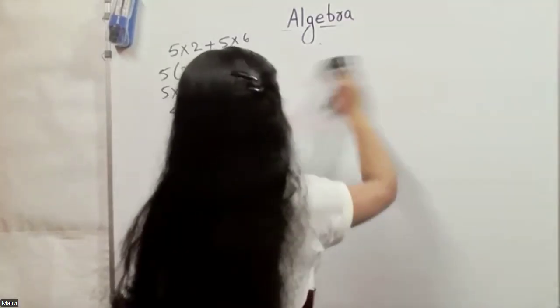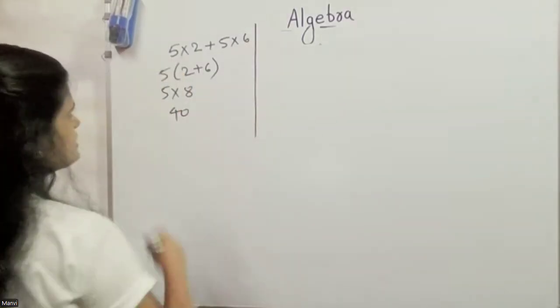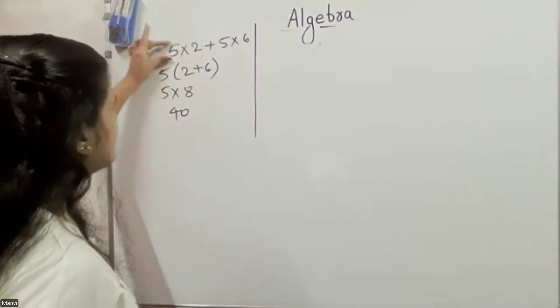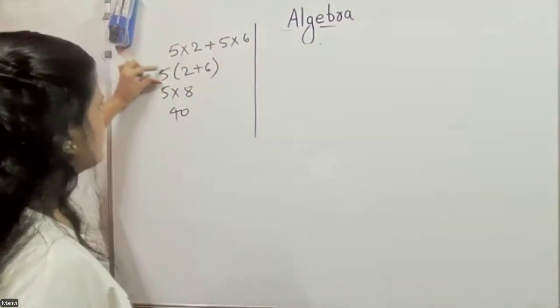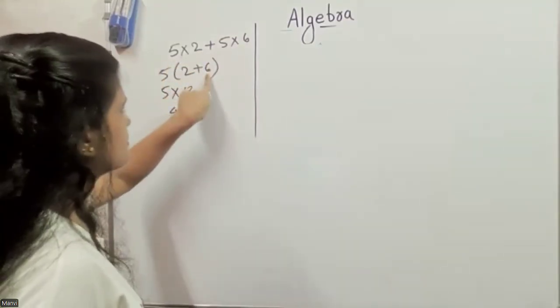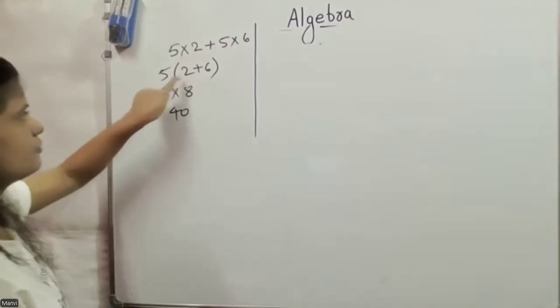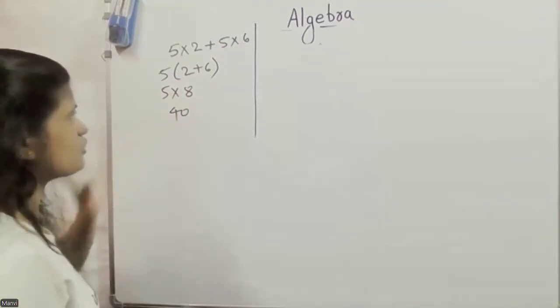You can solve this in two ways. First, we can write this 5 as common because here we have 5 and there also we have 5. So we can take this 5 as common. Now we are left with 2, and here we are left with this 6. Now we can solve the bracket first. So 6 plus 2 is 8, and 5 times 8 is 40.